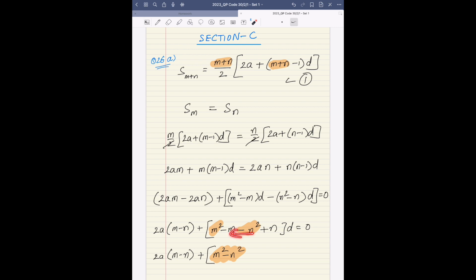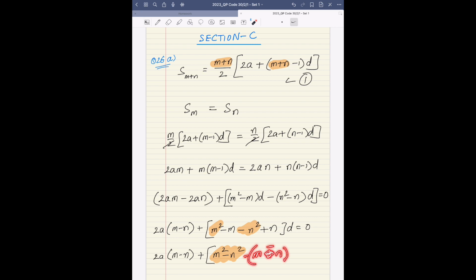I have shifted this to the left and I'm going to shift this to the right. Now I can see m minus n, this is a square minus b square. I will get another a minus b and a plus b from here. So one m minus n is again for sure. What about this? This looks like minus m plus n, right? But what if I take this minus common?